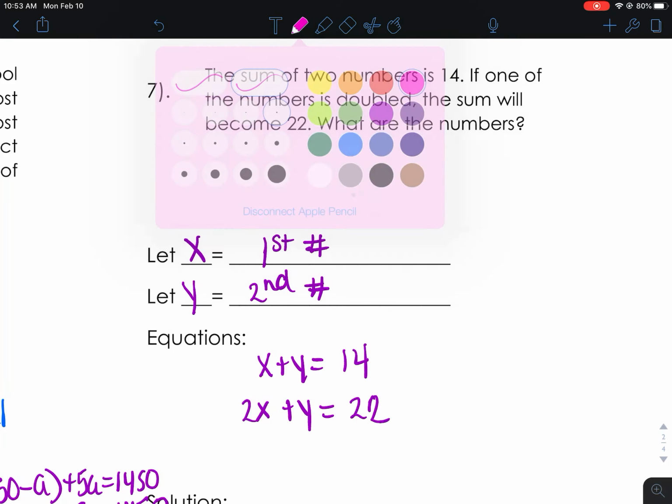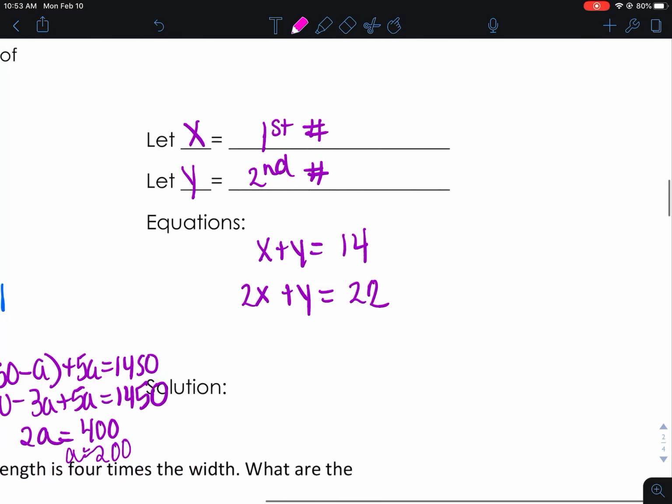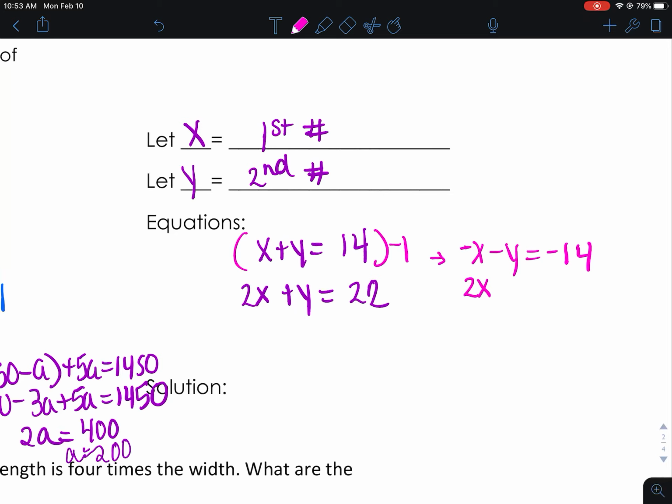I would probably, for any of these, just use elimination. You could even subtract and get the y's to cancel out here, but I'll just multiply by -1, so you get -y. And I'm just going to bring over the other equation, so 2x plus y equals 22. Let's add them up.